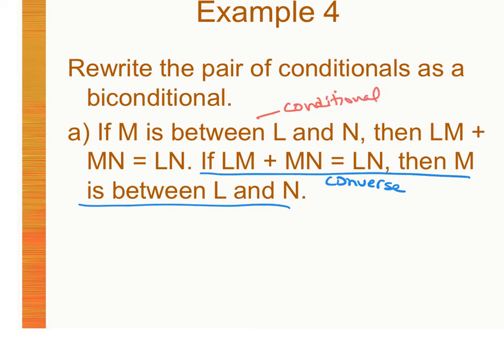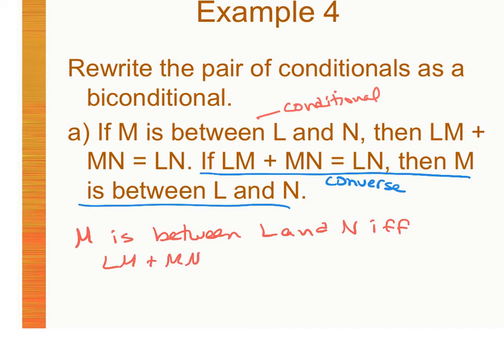So what we can do is, based off the original, I can say M is between L and N if and only if LM plus MN equals LN. And then I can do it based off of that converse.